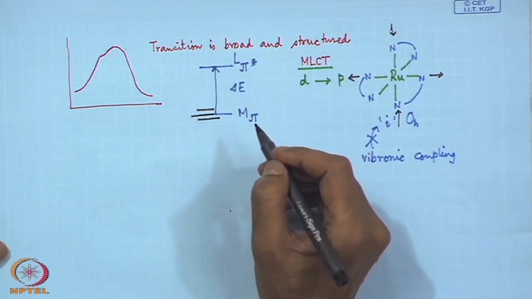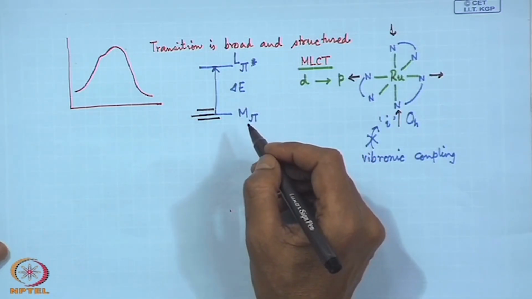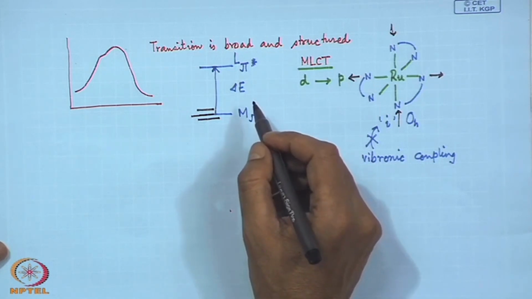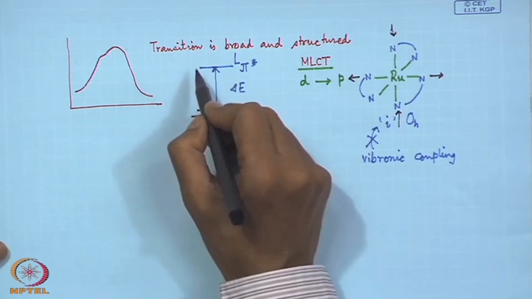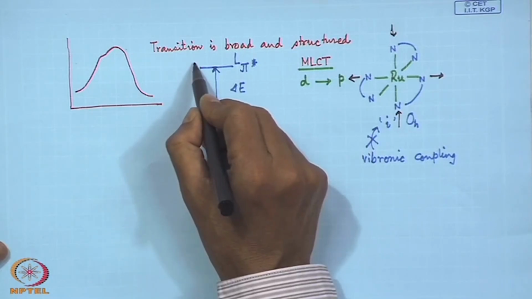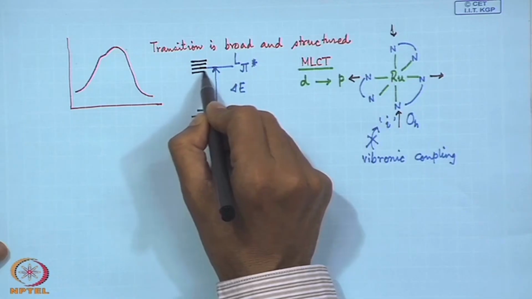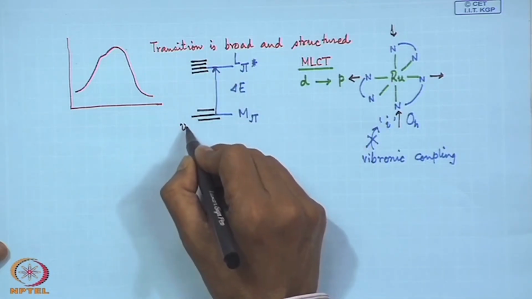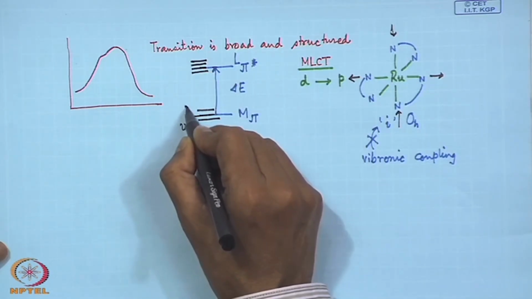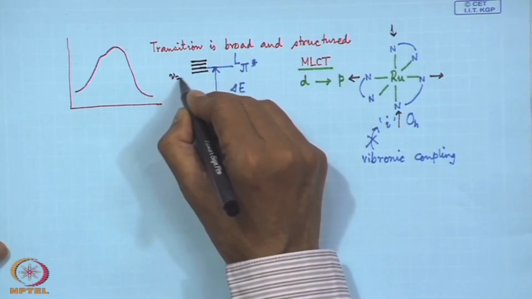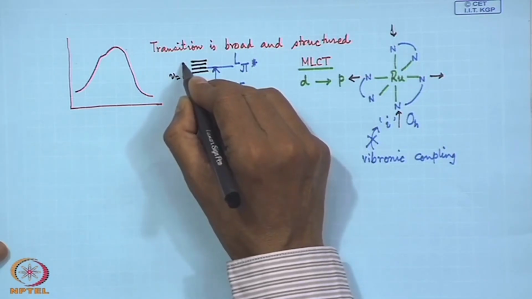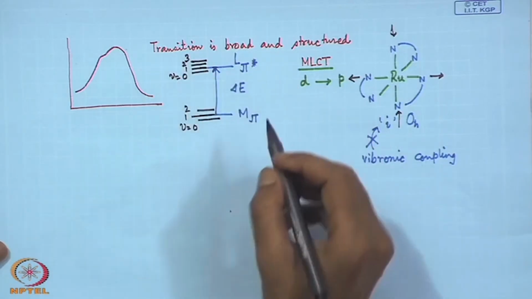So, within one particular electronic state, we get levels not only for the metal center, but also for several other vibrational levels where V is equal to 0, 1, 2, etc. Similarly, for the excited state, V is equal to 1, 2 and 3.